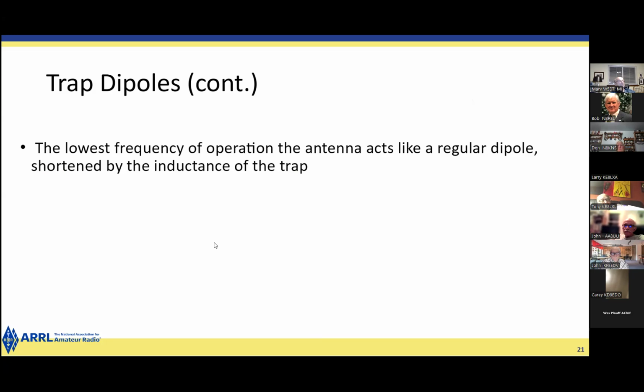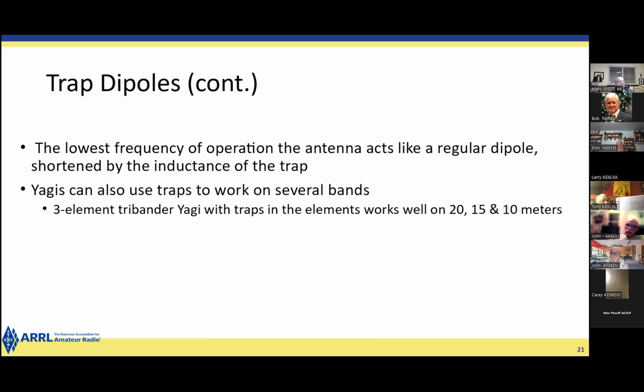At the lowest frequency of operation, the antenna acts like a regular dipole shortened by the inductance of the trap. Yagis can also use traps to work on several bands. A 3-element tri-bander Yagi with traps in the elements works well at 20, 15, and 10 meters.